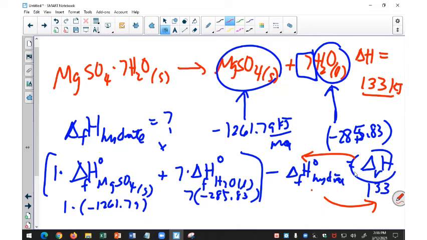Okay. So delta H formation of the products minus the delta H overall will give you the delta H of the reactant, right?